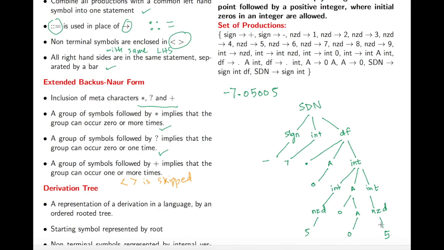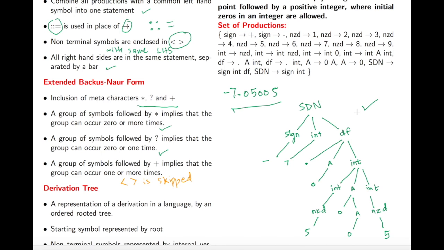When I say is my 5, it means it's a parent of 5. This a is a parent of 0, and this NZD, non-zero digit, is a parent of 5, just to be precise in the language. So now what are my leaves from left to right? Minus 7.05005, which is what I want, right?